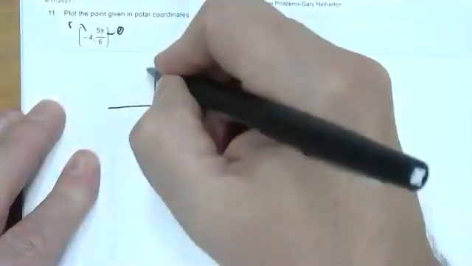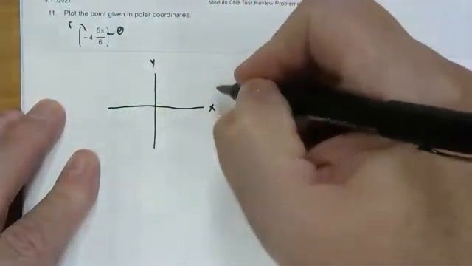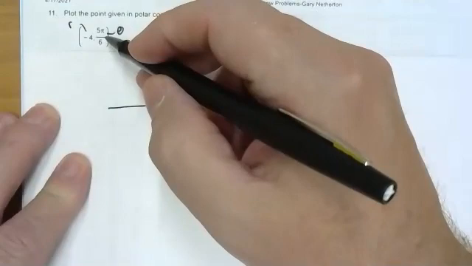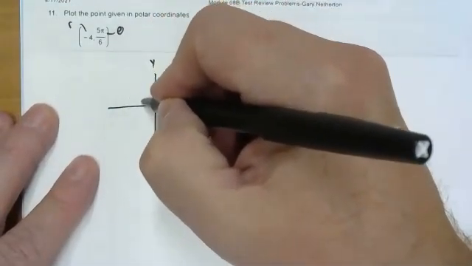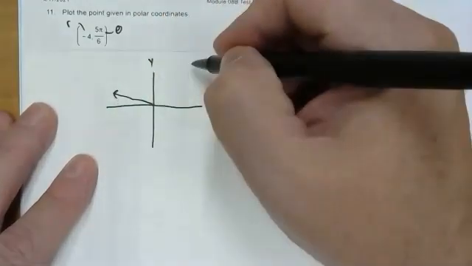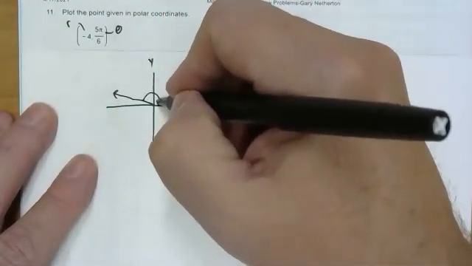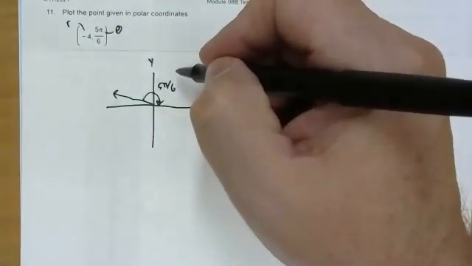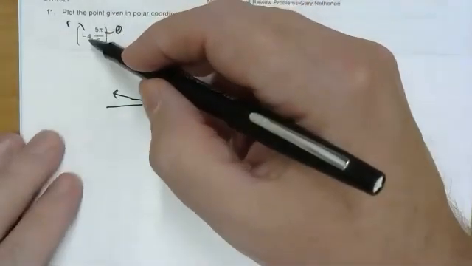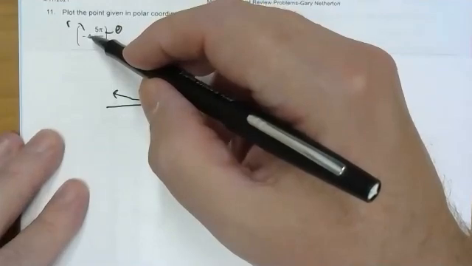You always do the angle first. Think about the unit circle. Where's 5 pi over 6? 5 pi over 6 is over in here, right? That's 5 pi over 6. What's our r? -4.